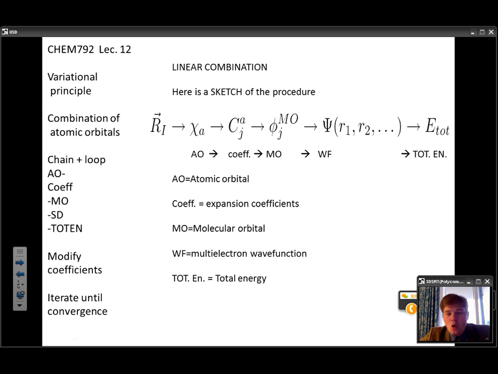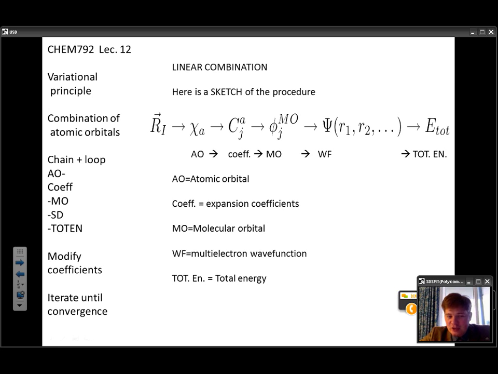So here is a little overview of the procedure. How do we get from the atomic model, from positions of ions, to the total energy? After we get a model of a molecule, we get the positions of each ion. We select, or someone helps us to get, atomic orbitals, which are typically referred to by the letter chi, which looks like X. Then, by some nice procedure, we guess or find a set of expansion coefficients.